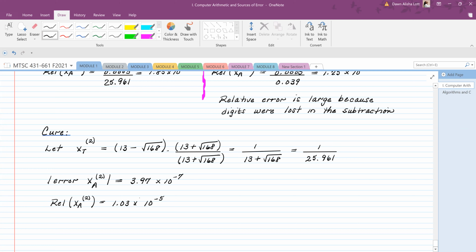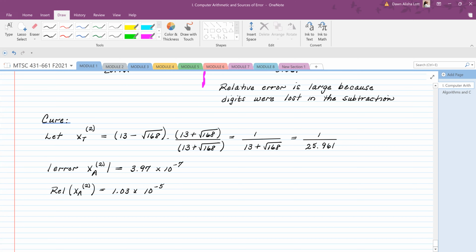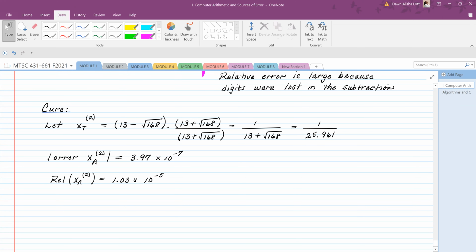So look at the calculation. Here the loss of significance was due to the form of the calculation, but not to the errors in the data of the computation. All right, so it wasn't how it was computed. It was basically how we chose to keep it inside the computer.